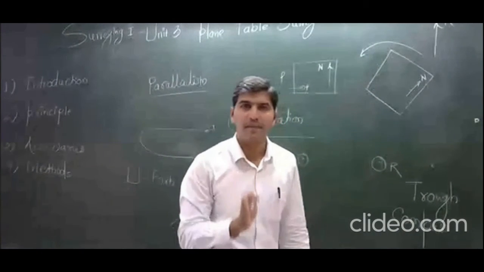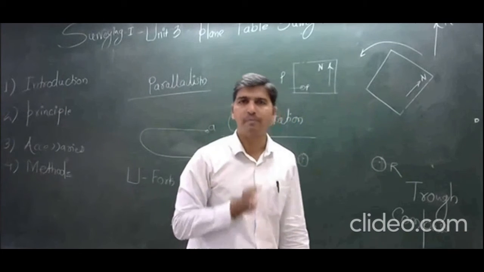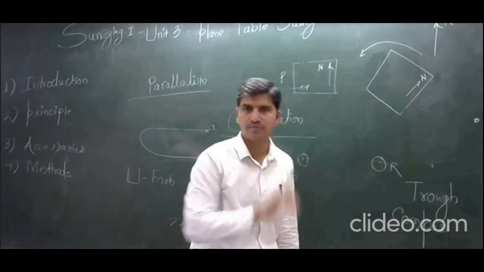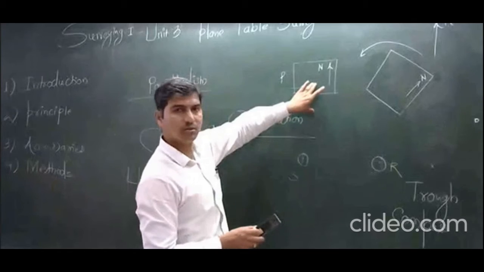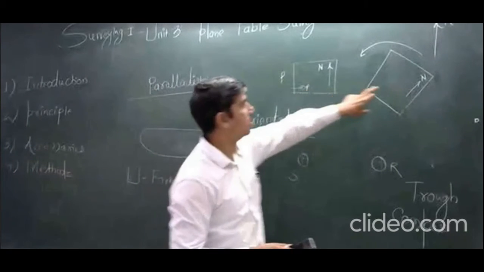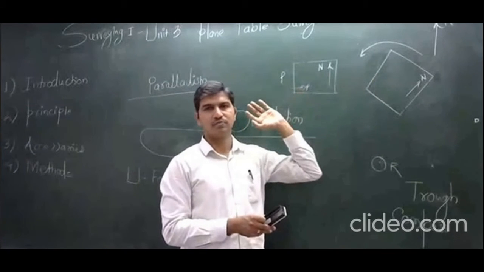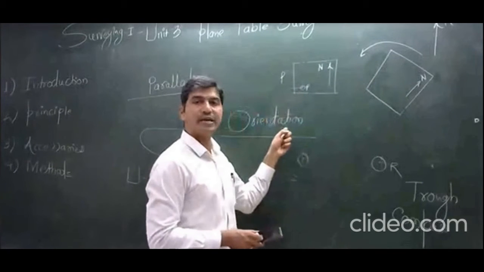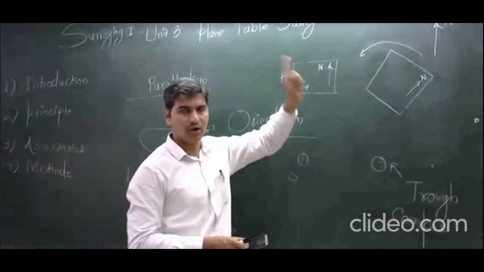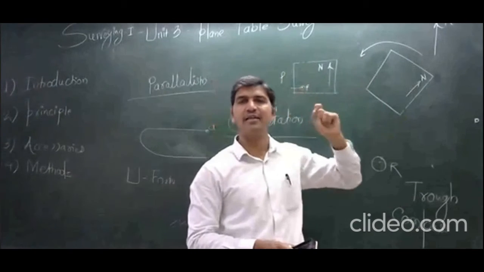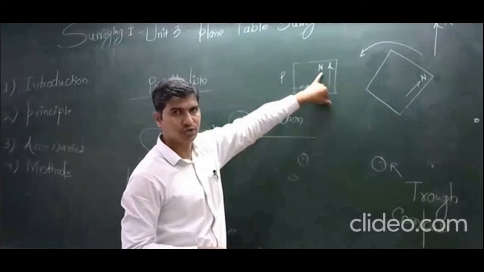Orientation is keeping your plane table parallel all the time to your previous positions. So for orientation, we require what? One method is by using the magnetic needle. This means we require a north direction.